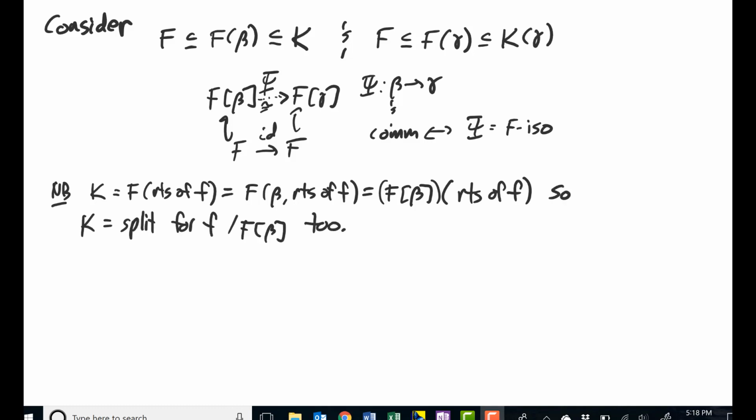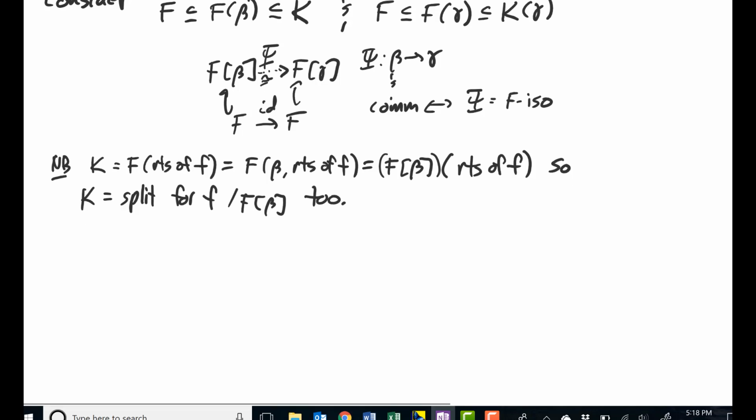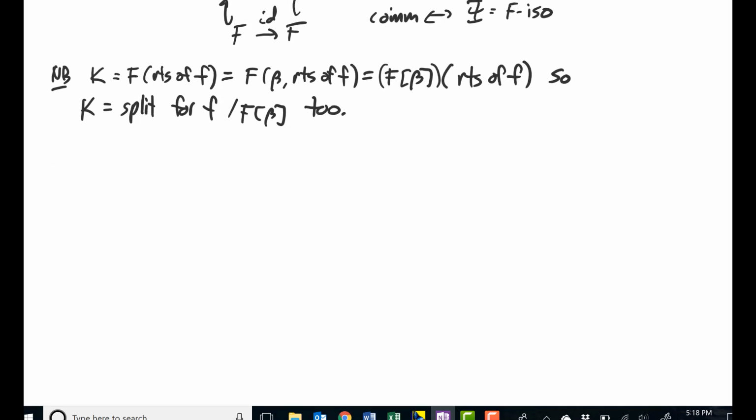Okay, so going from f to k, splitting field, but also going from f of beta to k, still splitting field. Similarly, by essentially the same argument, k attach gamma is a splitting field for f over f of gamma. Same argument. So now we can use that lemma again to further extend our diagram.